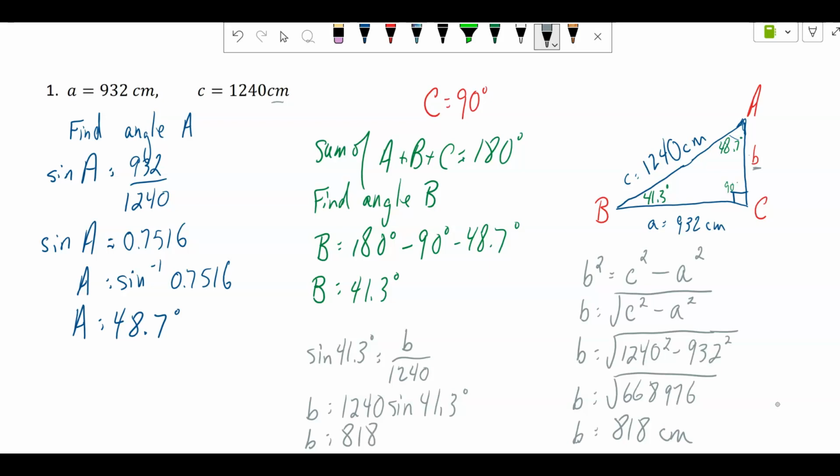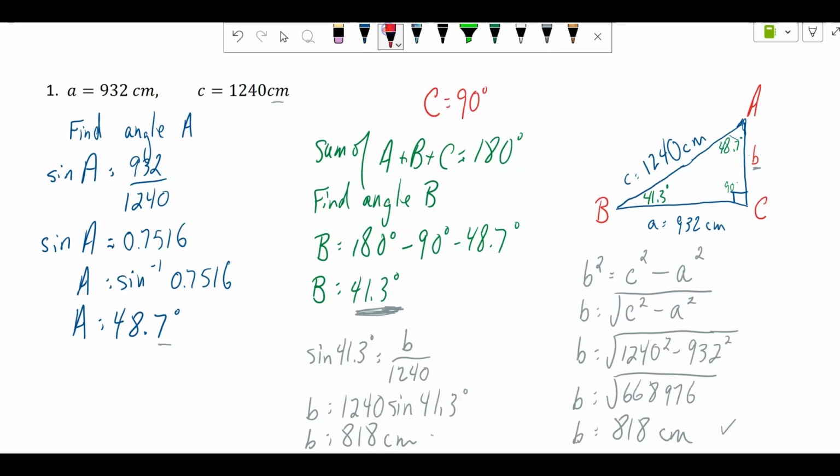One was just under and one's a little over. And the reason for that is we rounded with the B angle. This one was using the original values. The other one was using the calculated values that we rounded, so slightly off. But as long as you keep a few decimal places, it's fine. If I had kept more here, it probably would have been a little bit better. But so that's solved.